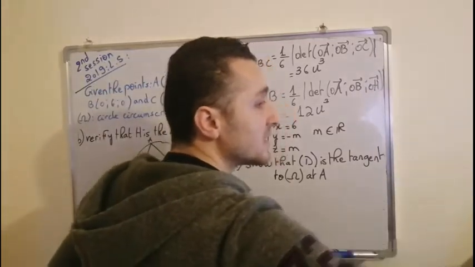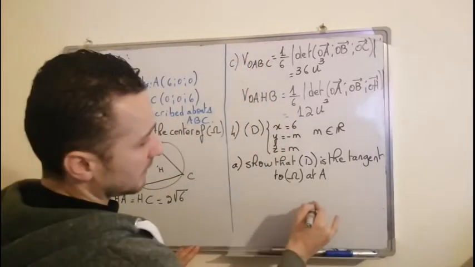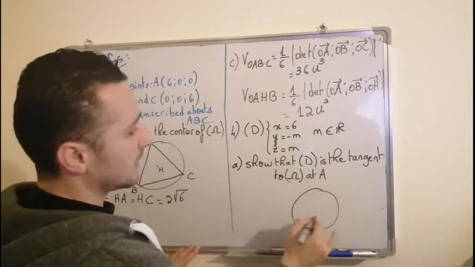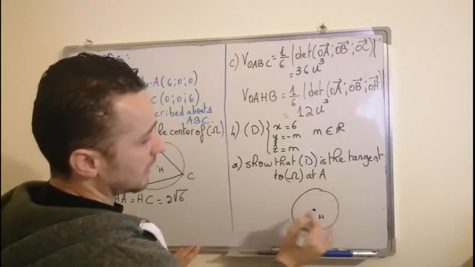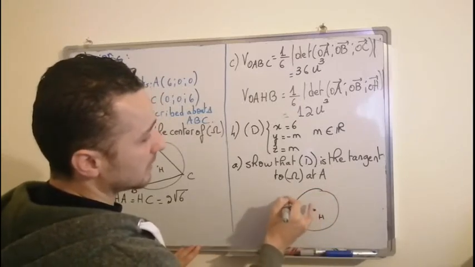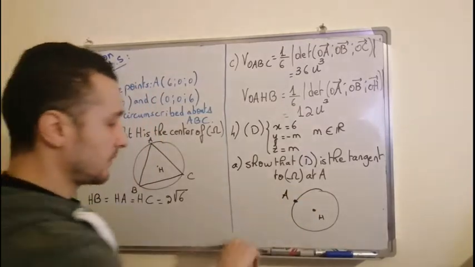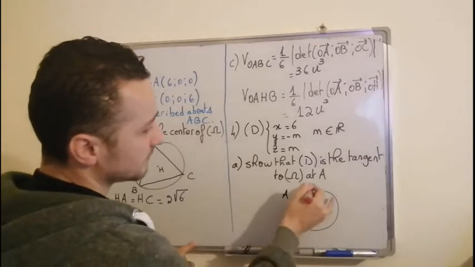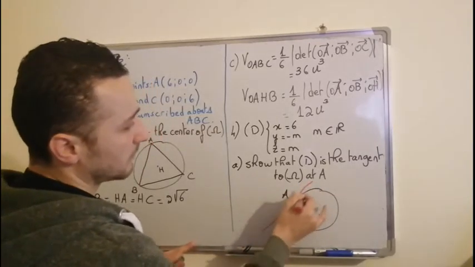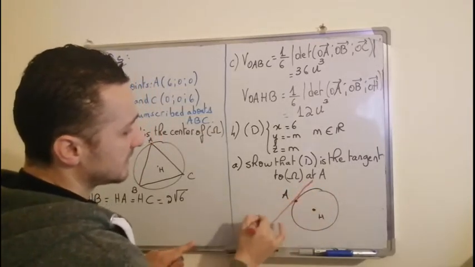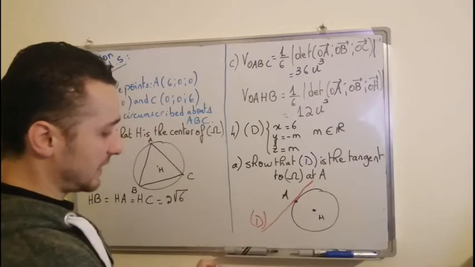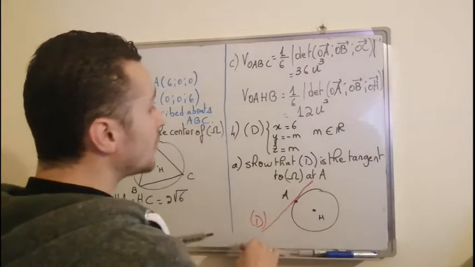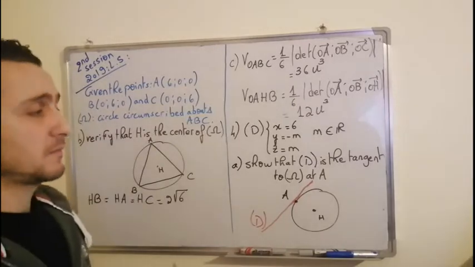We can draw a circle. This is a circle of center H, and a point A belongs to this circle. Show that the line D is tangent at A to the circle gamma. How can we prove this statement?